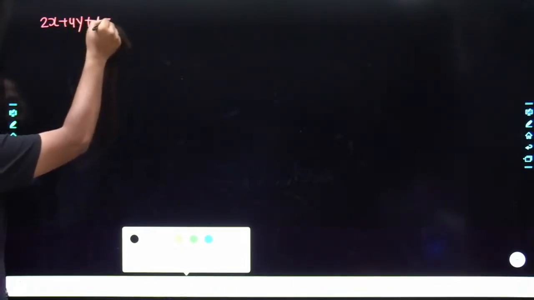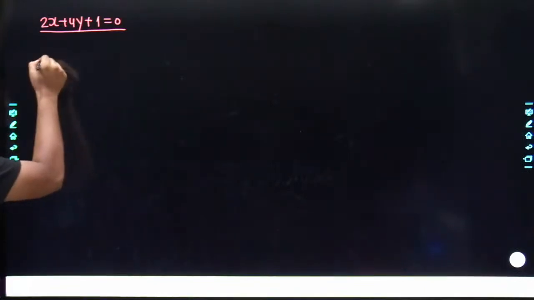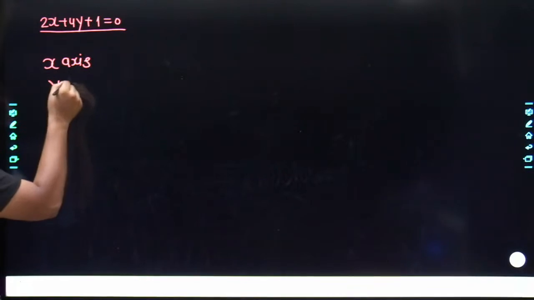Let me take another problem, and I would like to ask each one of you. Let's take the problem 2x plus 4y plus 1 is equal to 0. I would like to ask each one of you, what would be the intersection of this straight line over the x-axis and similarly over the y-axis?